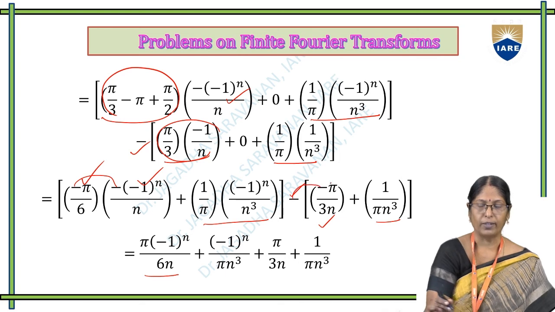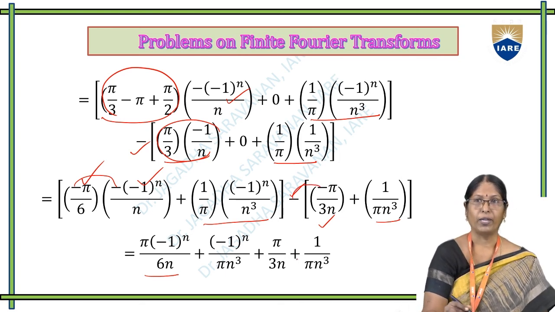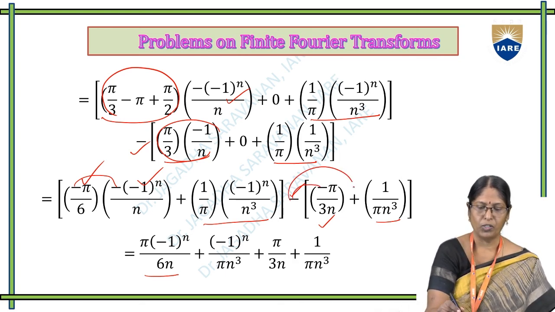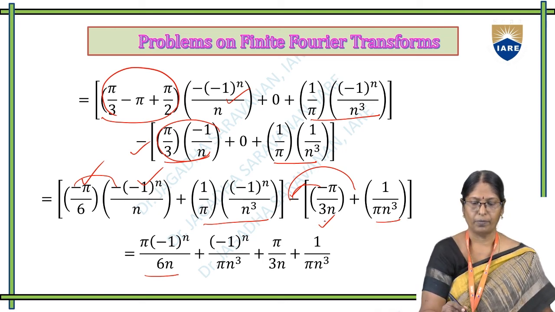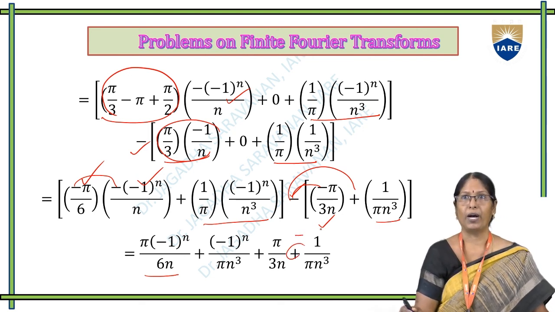This minus minus plus, so pi by 3, and this minus we are taking inside, then it should come minus, so minus 1 by pi n cube.